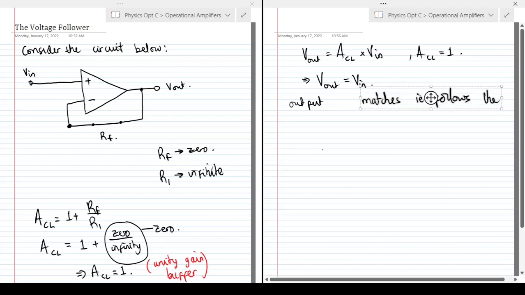So the output voltage matches, that is, follows the input voltage.